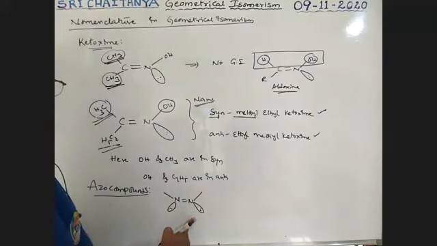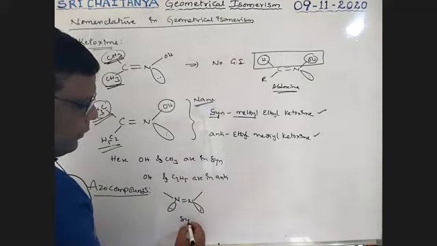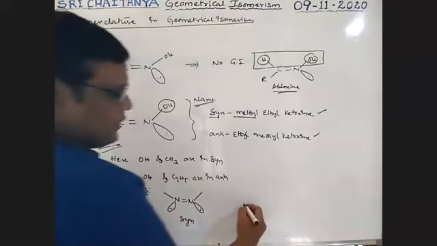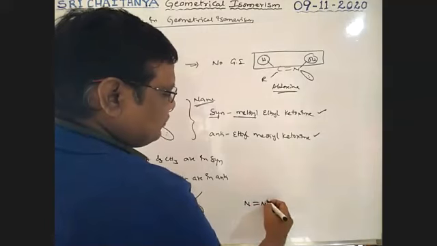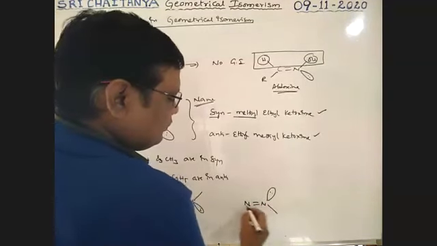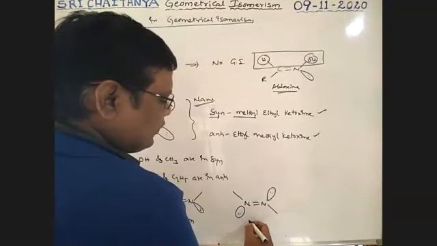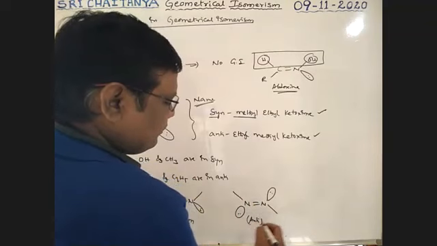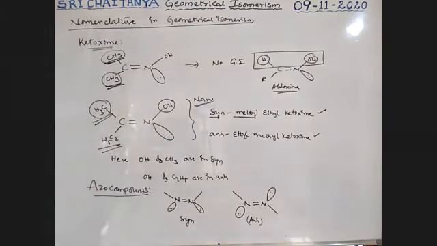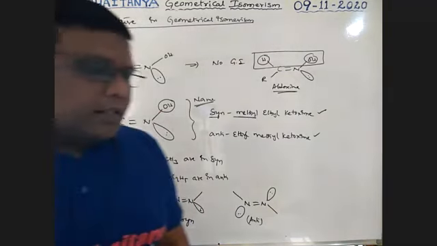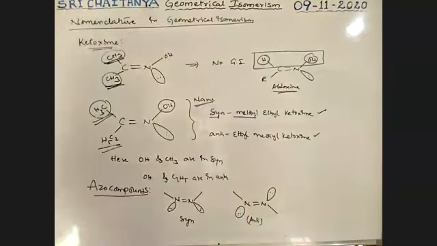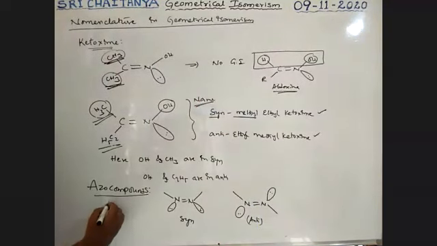If the lone pairs are on the same side, it is a syn compound. If the lone pairs are on the opposite side, it is an anti compound. So this is possible in the case of azo compounds.